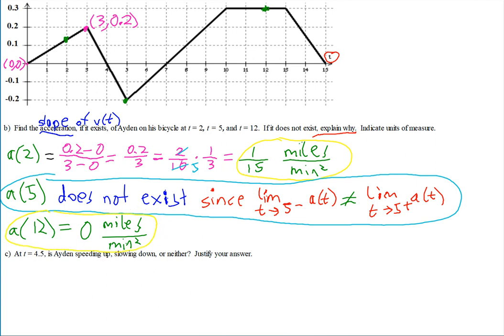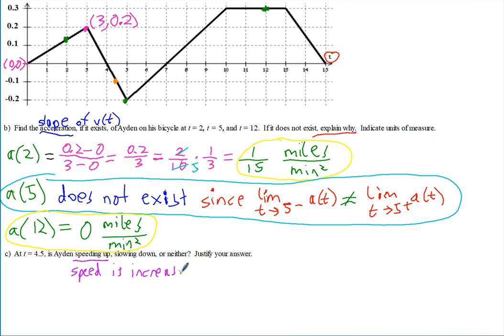Okay. Then part C says at time 4.5, so notice 4.5, that's right there on our graph, is Aiden speeding up. Speeding up is another way of saying speed is increasing.